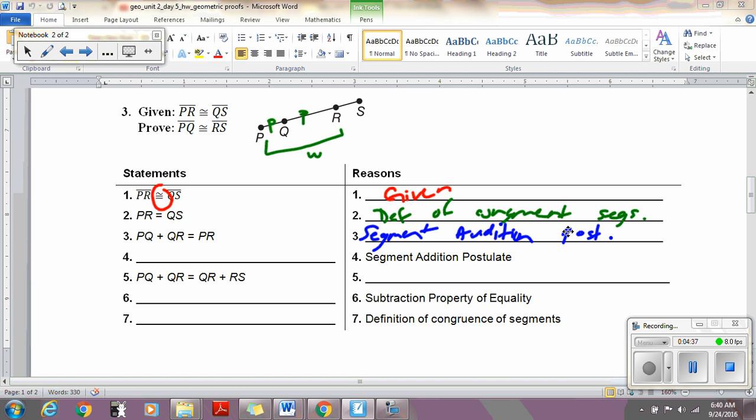Now, reason 4 is given, and they told us they want to use segment addition postulate again. So if we look at our illustration, there must be another example of two parts making a whole.